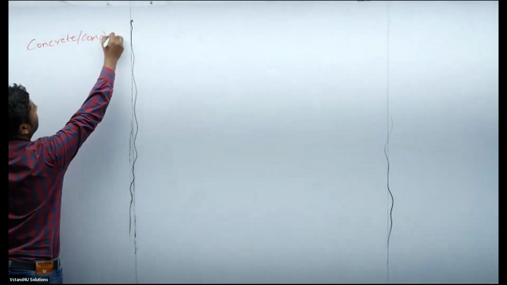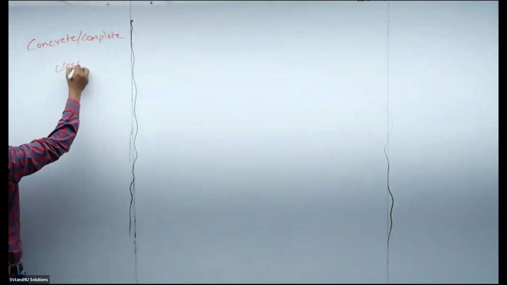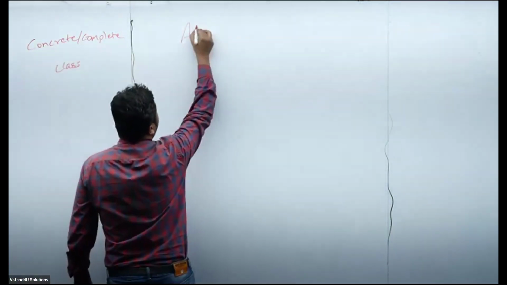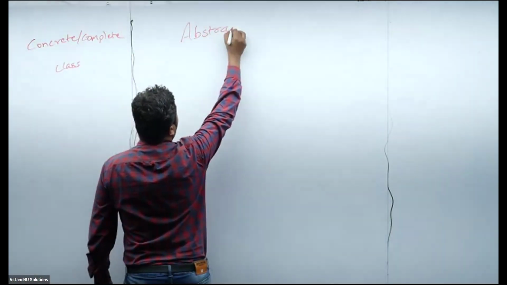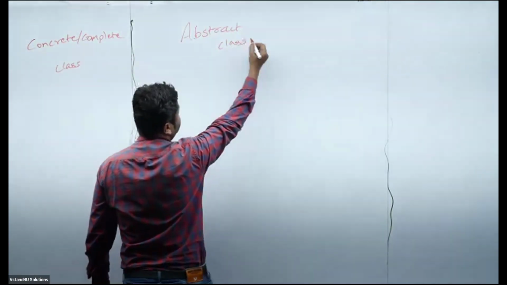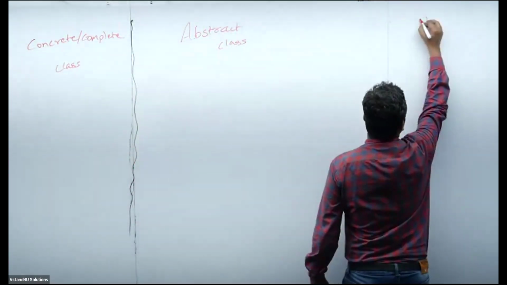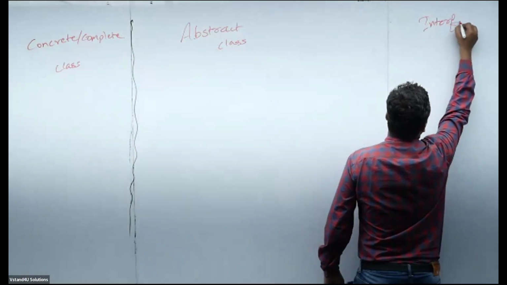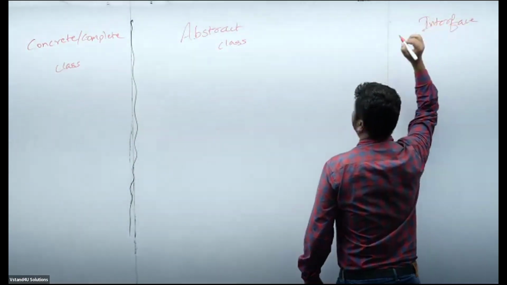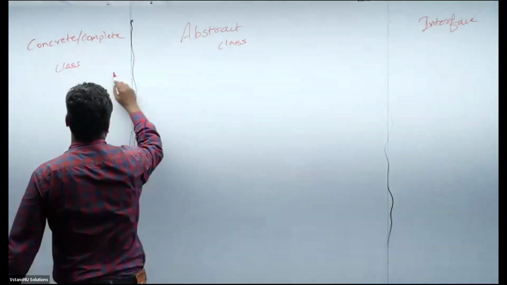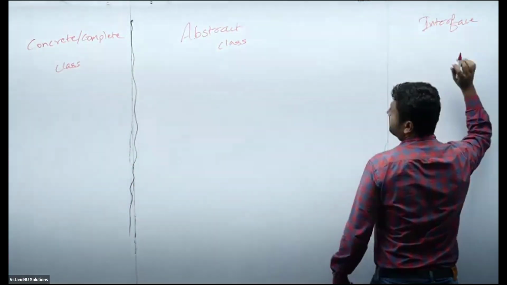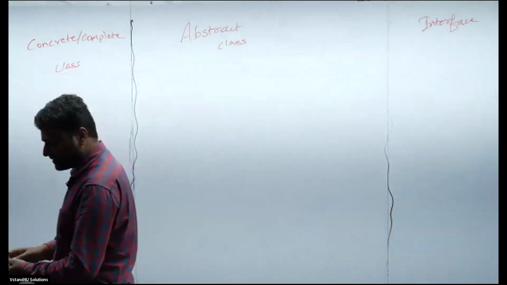Both are the same thing. Another one is called an abstract class. Something else is called an interface. Am I clear? Let's get started. Are you ready? Faster.